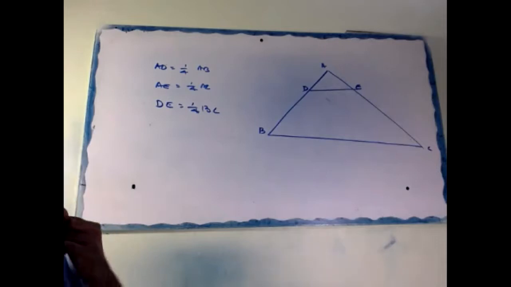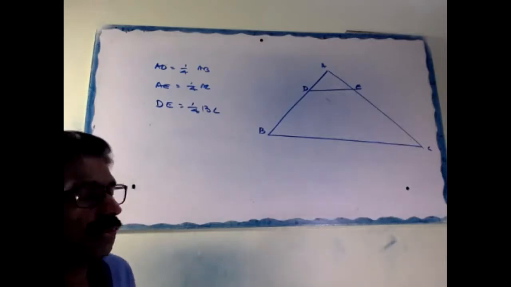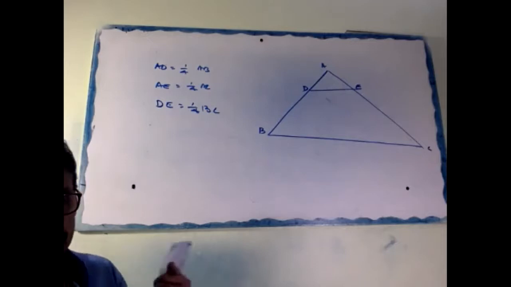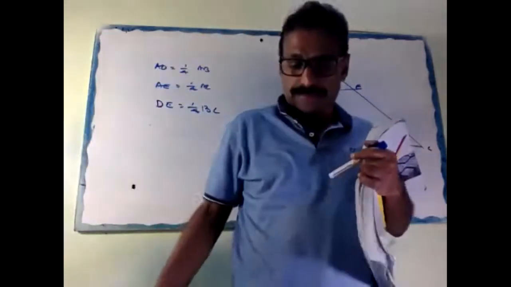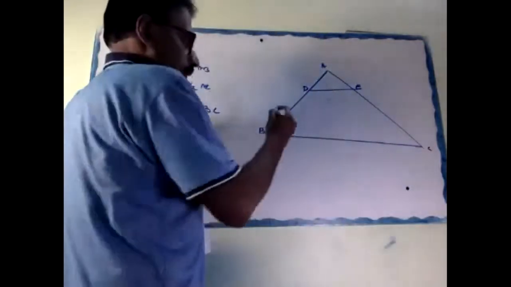Okay, look here. We have to show that DE equal to 1 by 4 BC. Hello, look here. There is a shorter construction.